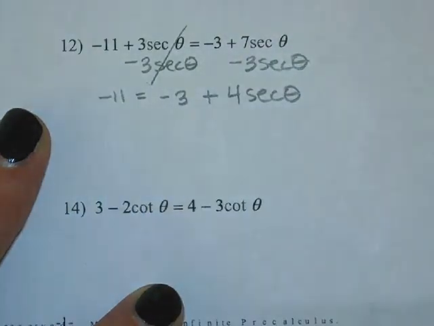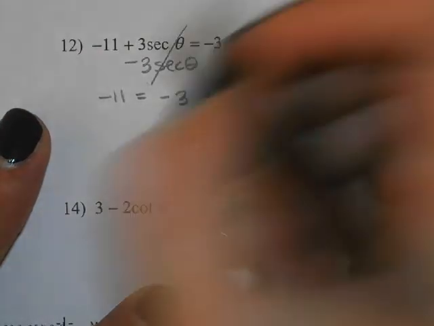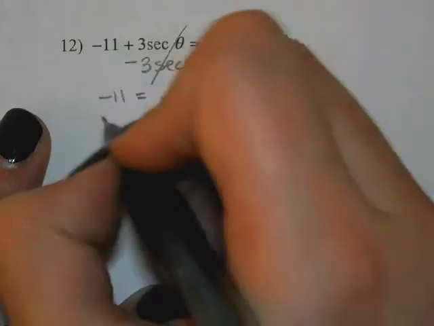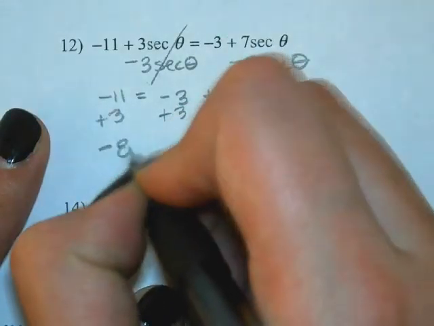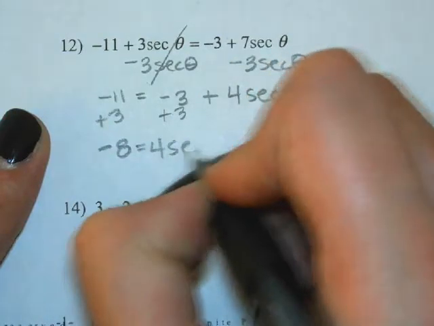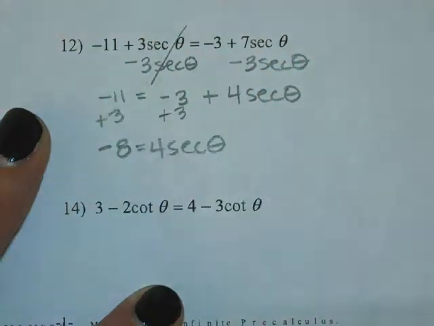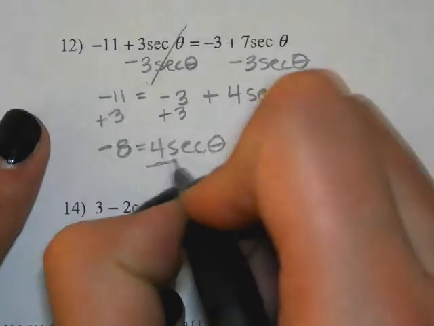What do you do with that 3? You add it. That gives you negative 8 equals 4 secant theta. And then divide by 4.